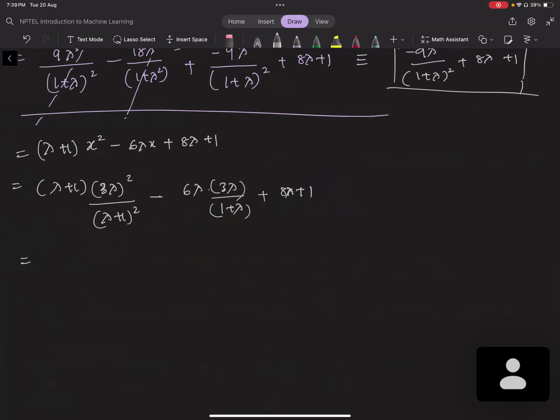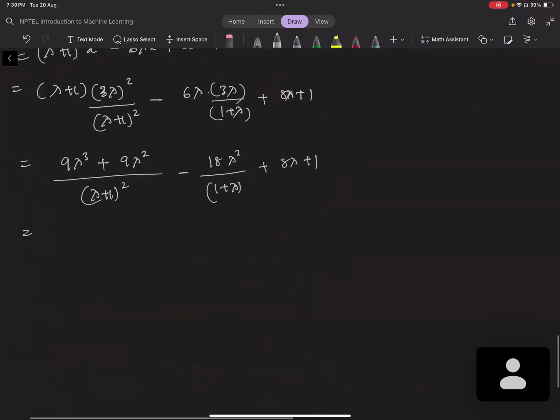is equal to 9 lambda cube, 9 lambda square into lambda, 9 lambda cube plus 9 lambda square by lambda plus 1 square minus 18 lambda square by 1 plus lambda plus 8 lambda plus 1.